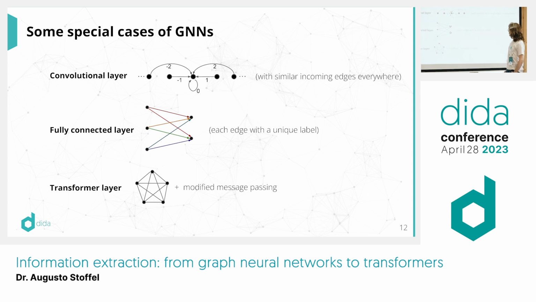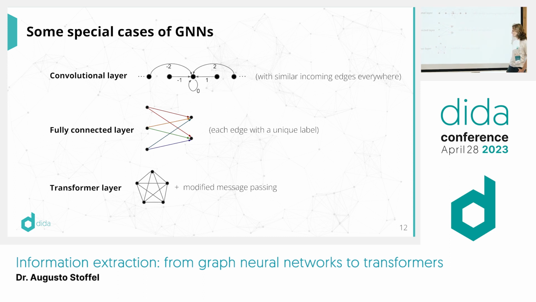Yeah. So if my graph is a complete bipartite graph, meaning I have some nodes on the left, some nodes on the right, and everybody on the left is connected with everybody on the right, and each edge has a unique label, then this is just a fully connected layer.